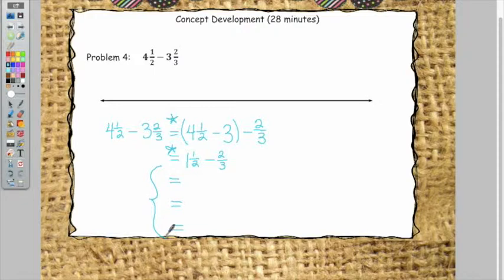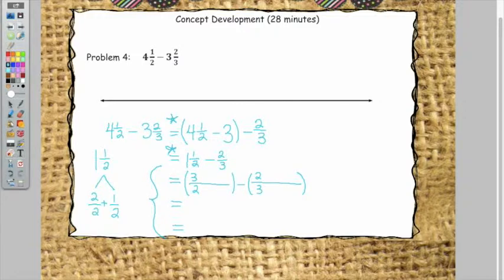Okay, to solve this problem, 1/2 is less than 2/3. So I have to decompose it. 2 halves plus 1/2 is what? 3 halves. Now this one's easy to get confused on because you've got 3 halves and then you've got 2/3.